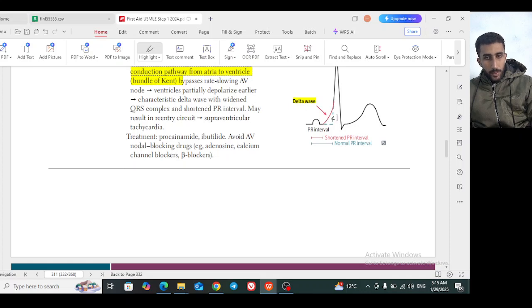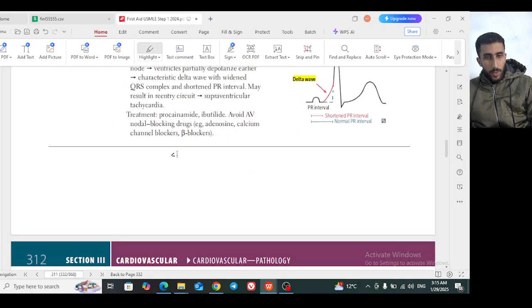And the QRS will be widening due to the delta wave. Three effects: delta wave, pre-excitation wave, widening of the QRS, and shortening of the PR interval. So this is the ECG in Wolff-Parkinson-White syndrome. So the treatment, you give procainamide and ibutilide. Procainamide is a class 1A antiarrhythmic, and ibutilide is a class 3 antiarrhythmic drug.